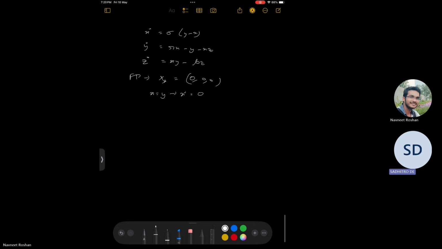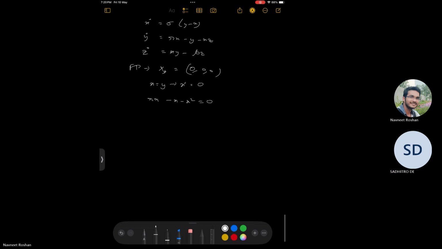So if we put x equal to y in the other equations, then we get something like rx minus x minus x square equal to 0. This basically gives me x square plus x into 1 minus r.